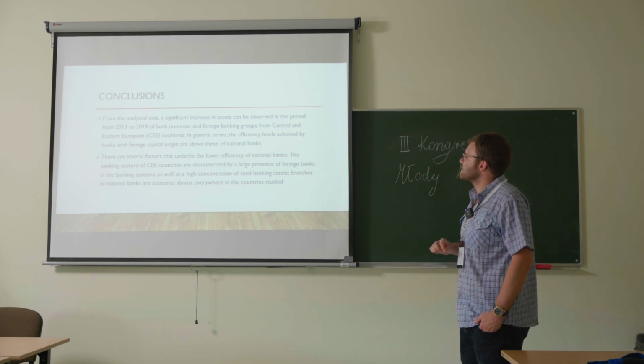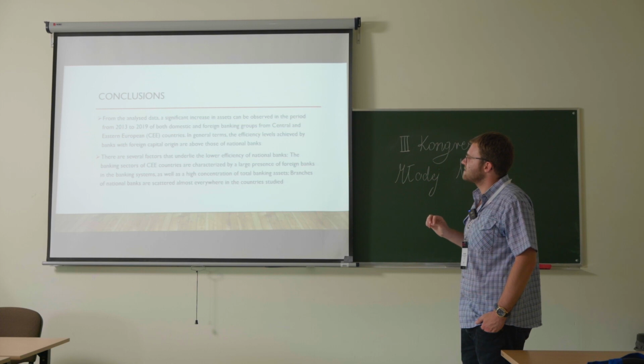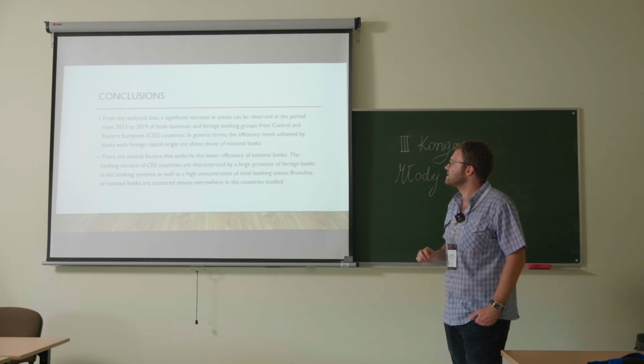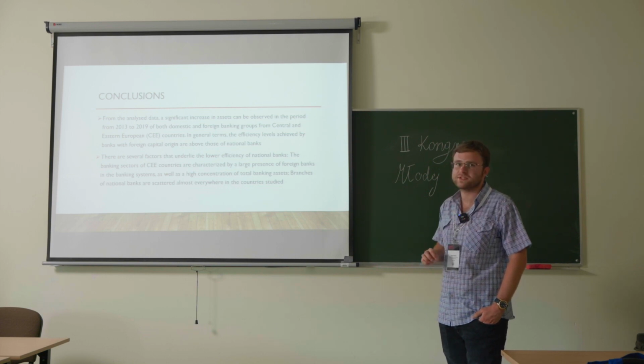Several factors that influenced the banking system are the high concentration of total banking assets, and the branches of national banks are scattered almost everywhere in the countries studied. It's more or less about the large percent of foreign banks, why they showed the greater technical efficiency scores.